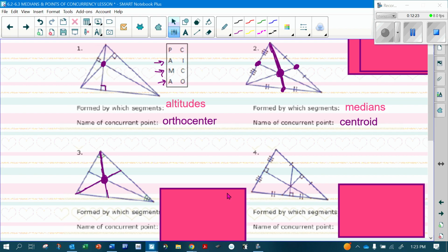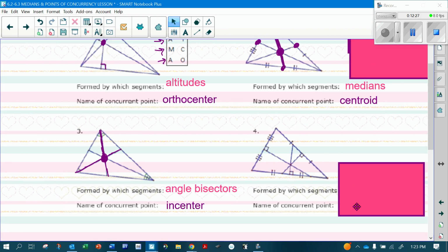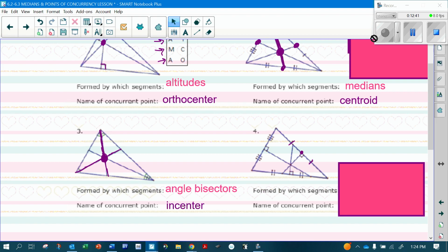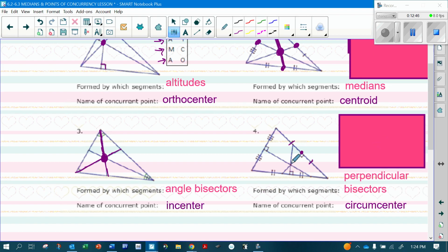So let's move this one, which means now this one over here, according to the tick marks, if those are equal, then that's a midpoint. I am perpendicular at the midpoint, therefore this is a perpendicular bisector, and the point of concurrency, or the point where they meet, this is your circumcenter.